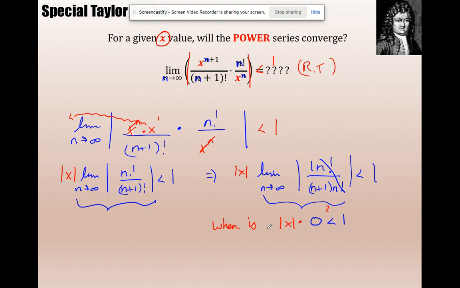Yes. So when is this statement true? For what x's? For any x ever. So our original statement, the power series, x to the n over n factorial.